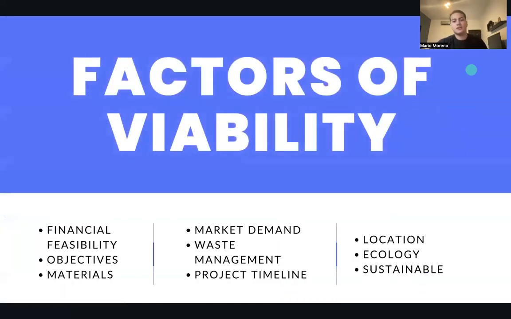And finally, some factors of the viability of everything in general that we need to take into consideration are the ecological sustainable factors of this proposal, the location, the waste management, and the use of these batteries and this PET and plastic that is going to be used for the construction of these houses.